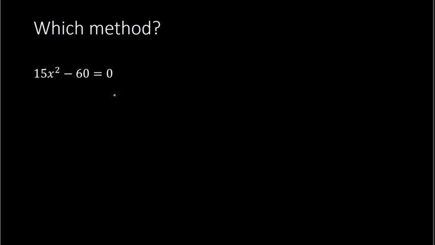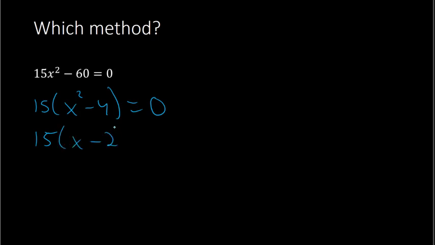Now this one, actually two methods would work well. First method would be factoring. Notice both terms have a 15 in common. So I could factor a 15 out and be left with x squared minus 4. And then from here, we can factor the x squared minus 4.